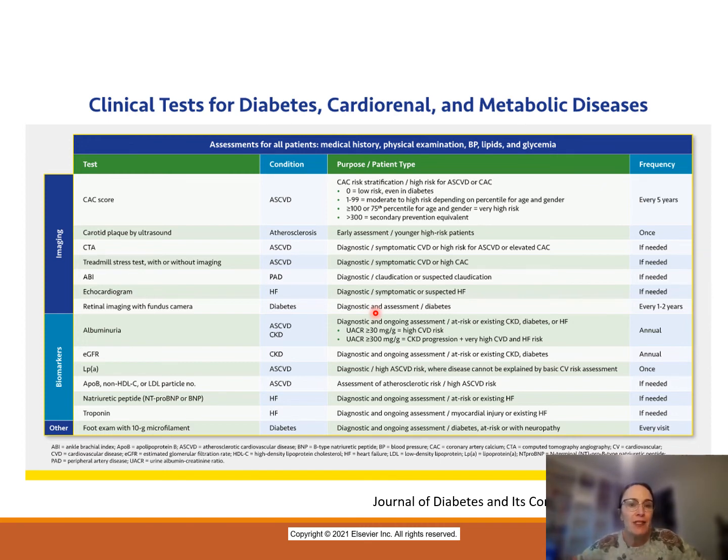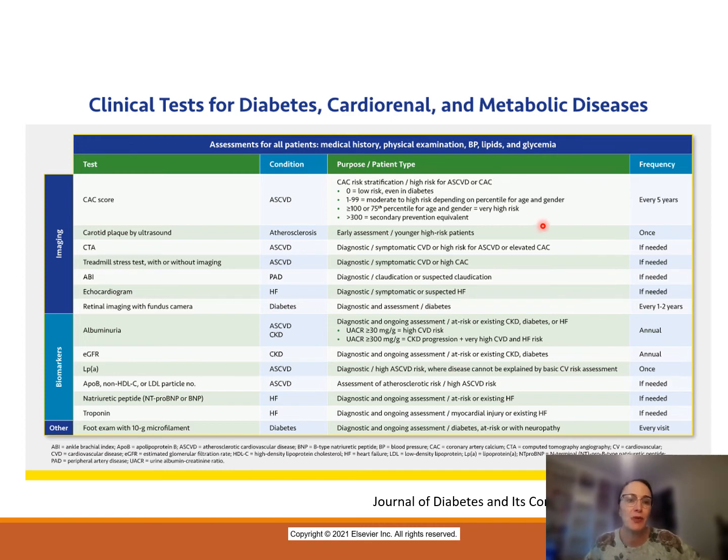But if you get a cardiac calcium score and it says 0, it's really considered low risk, even in diabetes. But if you get anything above a 1, you basically see moderate to high risk depending on percentile for age and gender. If it's above 100, it's considered very high risk. And if it's above 300, it is equivalent to secondary prevention, as somebody already having an event.